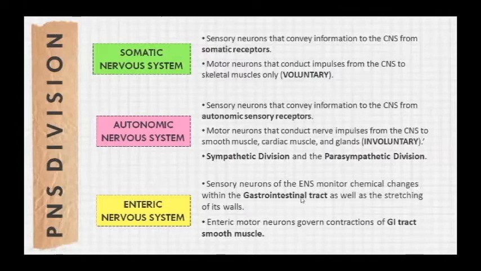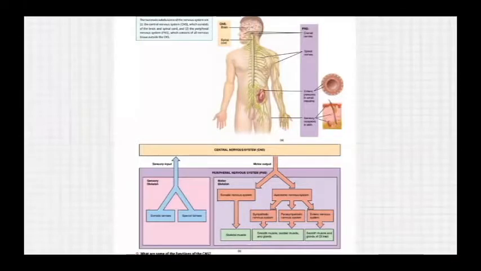So if you will see this diagram, you will see the summary of the whole nervous system. From our central nervous system, which contains our brain and spinal cord, then we have here our peripheral nervous system, which contains the other nervous tissues or nerve cells throughout our body.